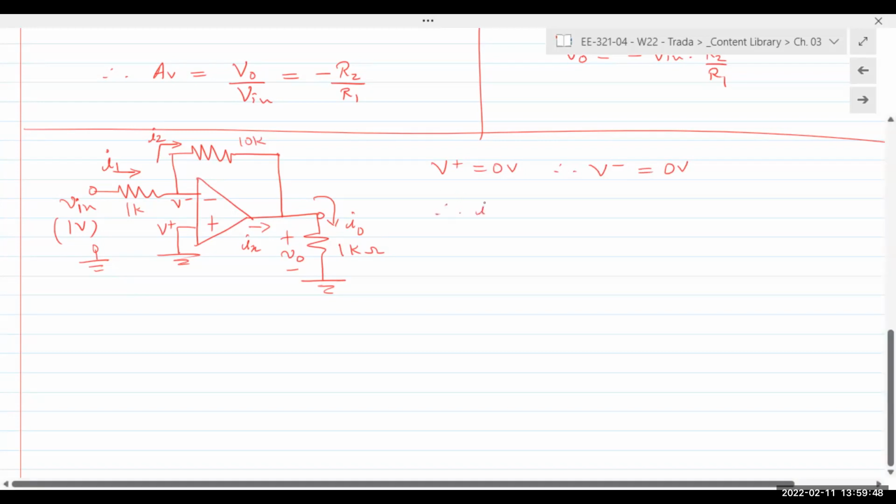So therefore, I1 would be 1 minus 0 divided by 1K, which is 1000. So it's 1 milliamp, right? From our assumptions, we know I1 and I2 are the same. It's also 1 milliamp.